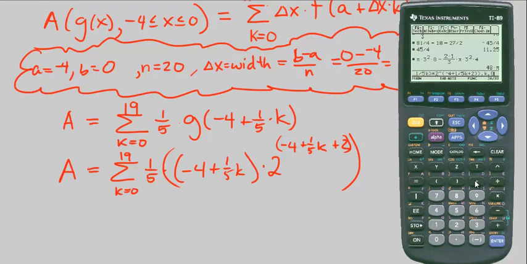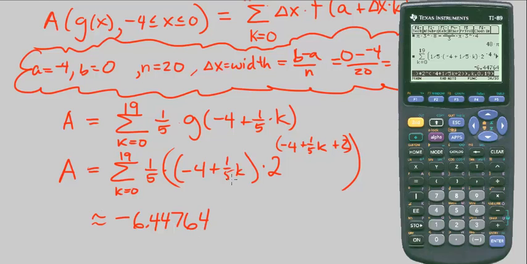Close that. I'm going to push the green star to get the approximate answer and enter. I'm going to wait for the calculator to compute this, and we get approximately negative 6.44764. That's units squared.